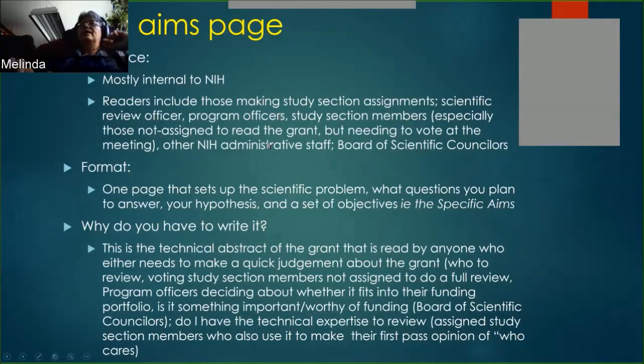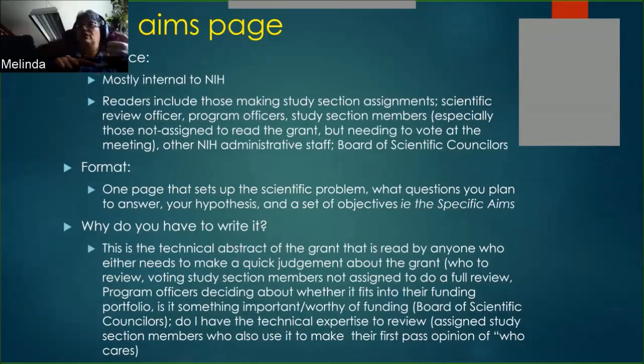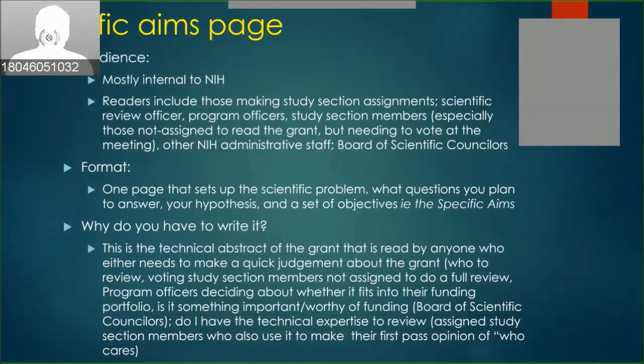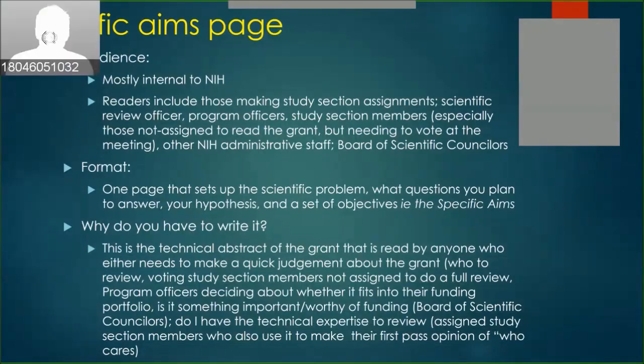Okay. Now, the other thing, the audiences that will read this, are the scientific review officer. If it goes to the Center for Scientific Review, that's the person who handles the review process. They assign the reviewers, they organize the meeting, they handle the whole review, and they are the ones that develop the summary statement, which is the description of how the review went.